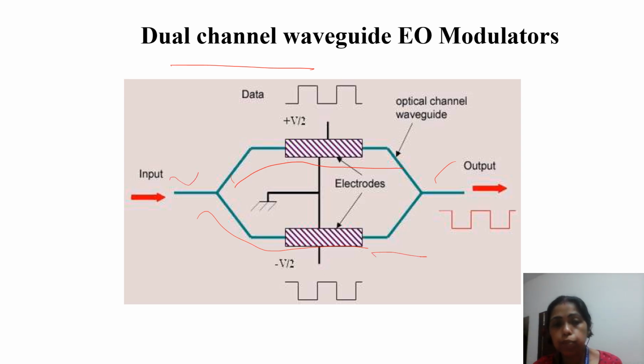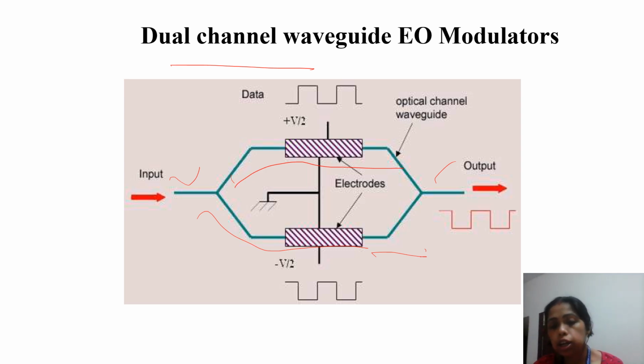So suppose light of amplitude V is propagating, and it is split into two different parts, plus V by 2 and minus V by 2, according to the phase. If we use the two materials here and here and apply the voltage, the phase of these two signals will change, and again they will sum together, and due to the change in the phase, there will be a change in the output signal also.